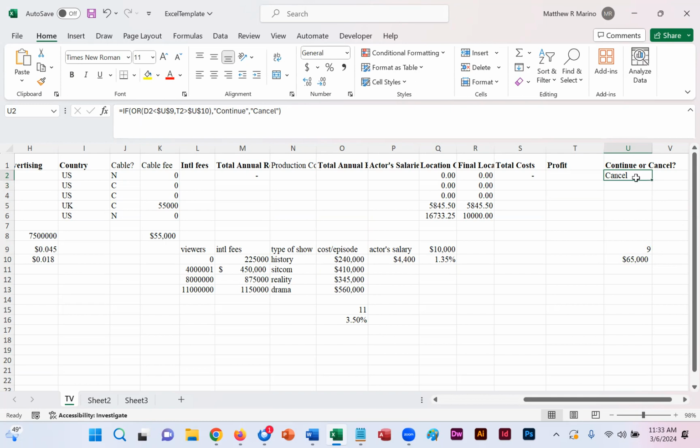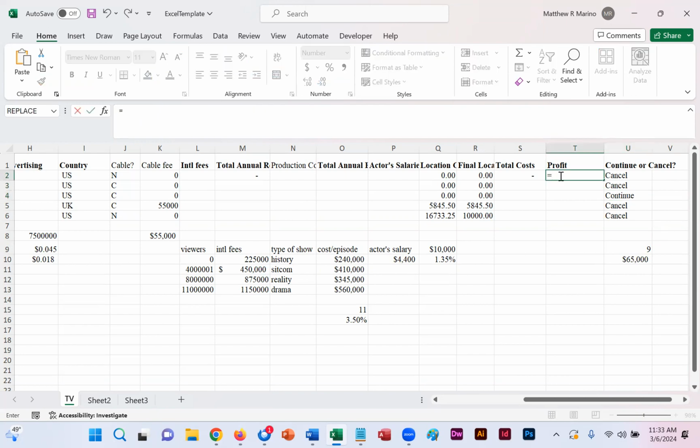So all of mine are going to say cancel when I autofill this down, except this one somehow. Because I don't have any profits listed right now. So my profit is total annual revenue minus total cost.